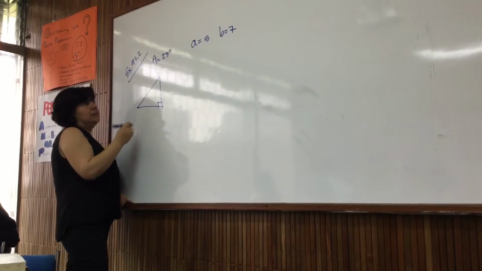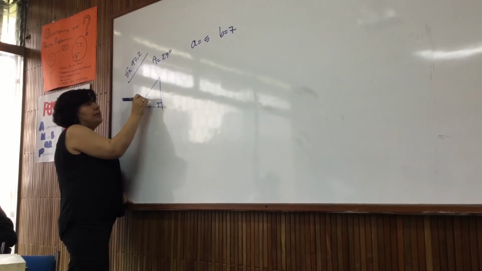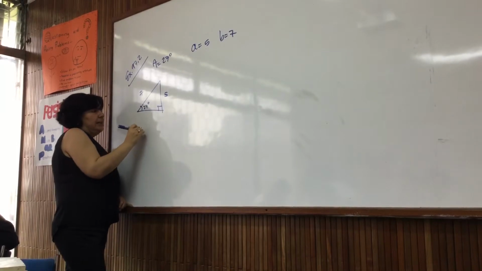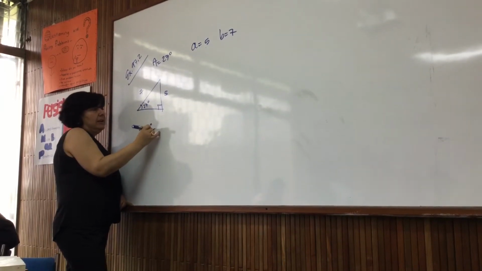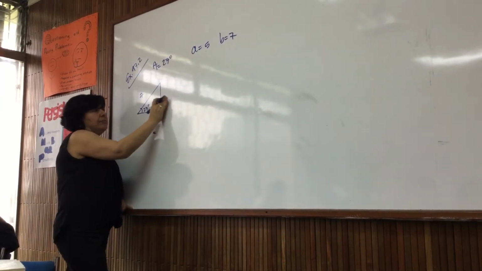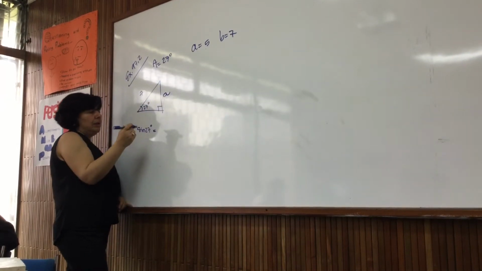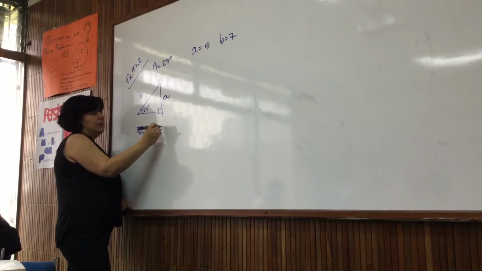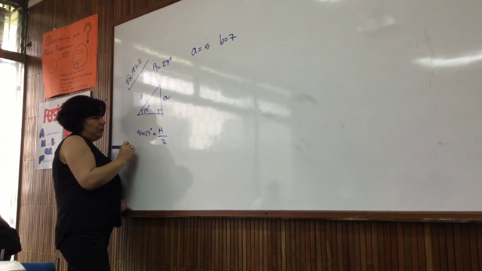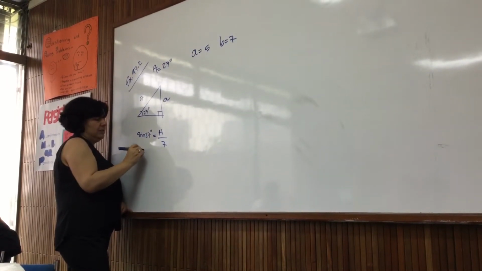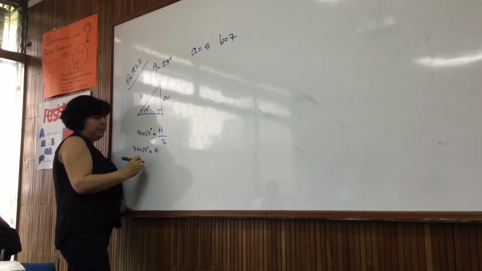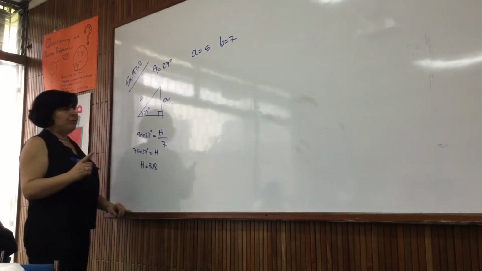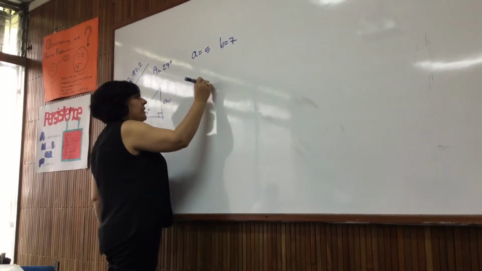Let's see. 27, 7, 5. Sine of 27 equals H over 7. So 7 sine 27. How much is it? 3.18. Okay.